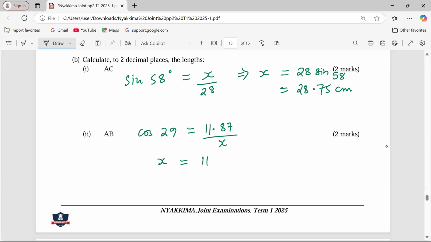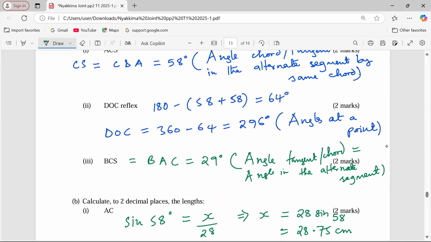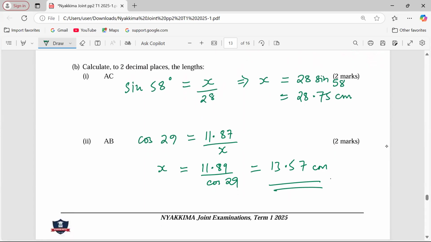It will be 11.87 over the cosine of 29. When we divide this by cosine of 29, we get 13.57 centimeters. Now we have already calculated the angles and the lengths which the examiner demanded. So we are done with that.